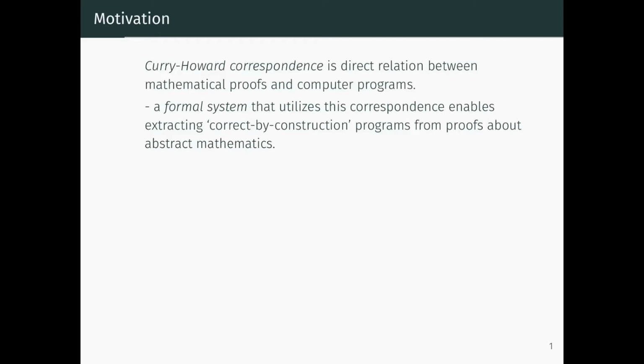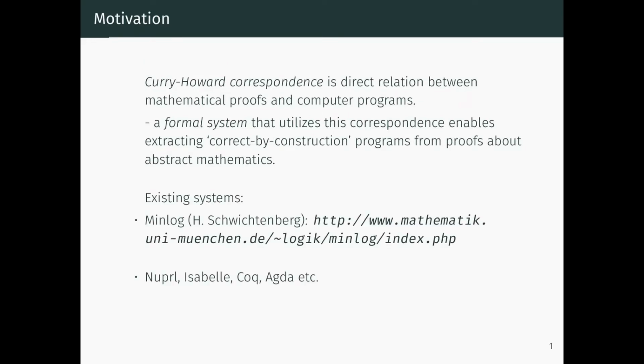Before I dive into our own research, I would like to acknowledge work that has already been done in this area. There are already some proof assistants out there that allow program extraction. These include MinLog, which serves as our primary inspiration, NuPRL, Coq, Isabelle, Agda, and so on. Here I would like to point out that MinLog and Prawf have a lot in common.